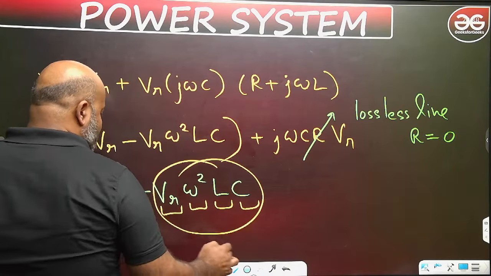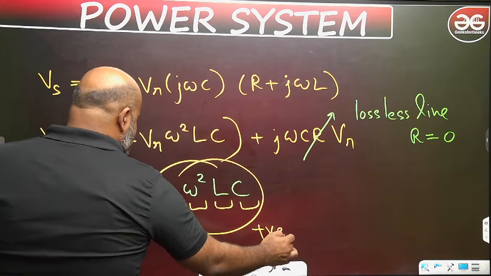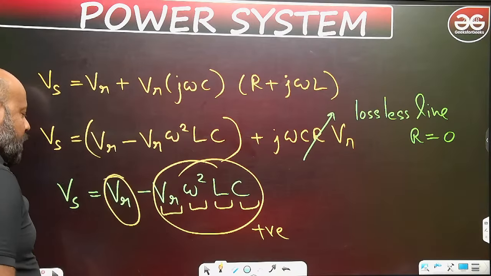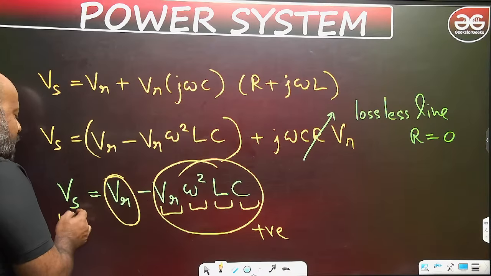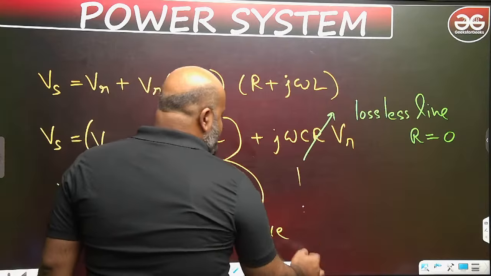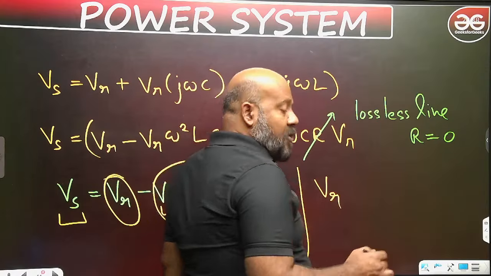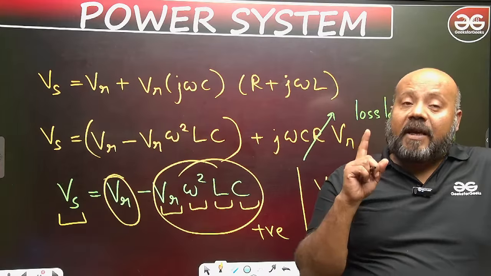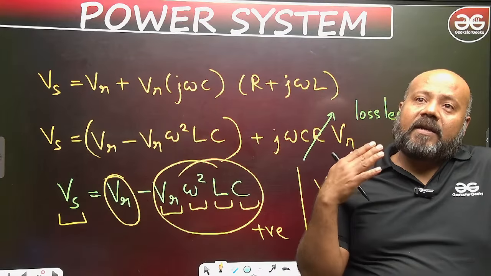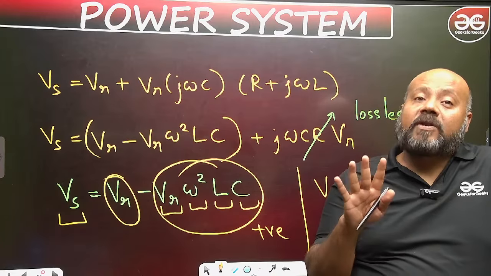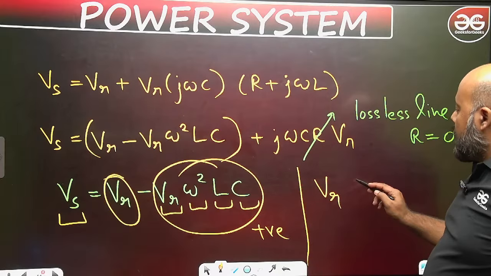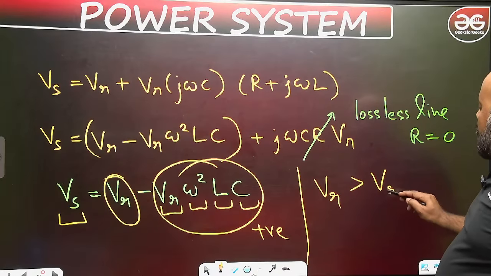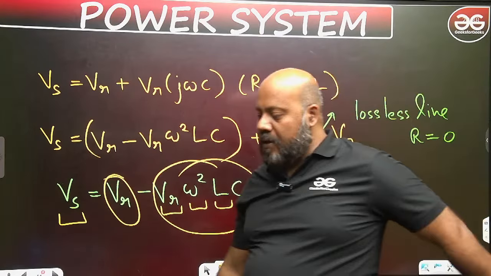It means this whole number is a positive number. It means you are getting the receiving end voltage adding something to Vs. So you can prove that for a charging current or capacitive current in the line, the receiving end voltage becomes higher than the sending end voltage. I hope you are getting this.